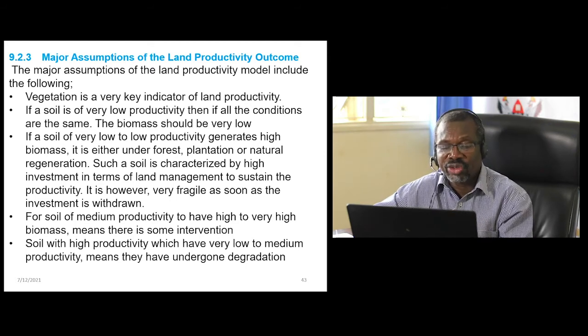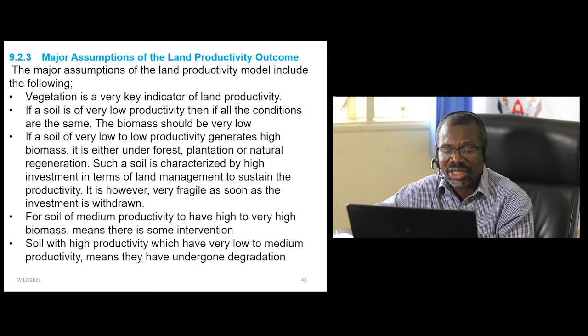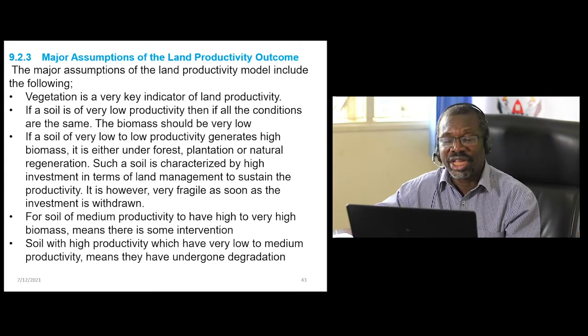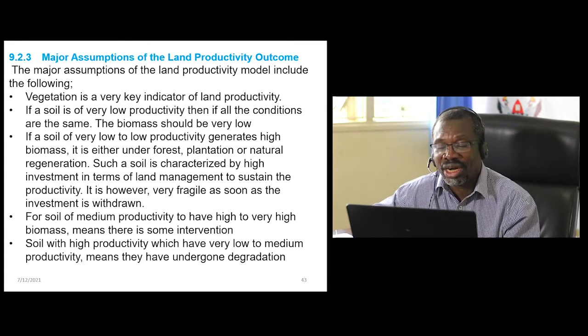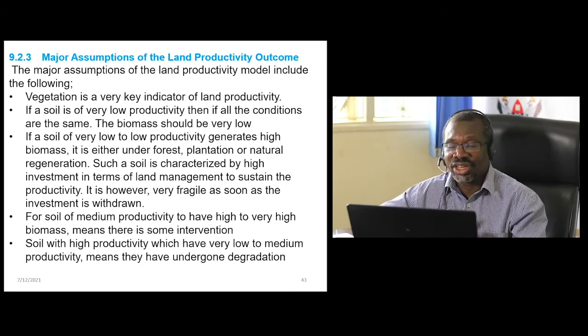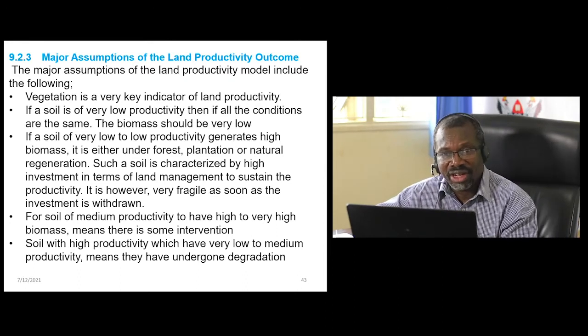And if soil with high productivity shows low to medium productivity, it means these particular soils have undergone degradation. So those were the major assumptions we made in the model which was generated. So basically, this gives an indication of what was done.